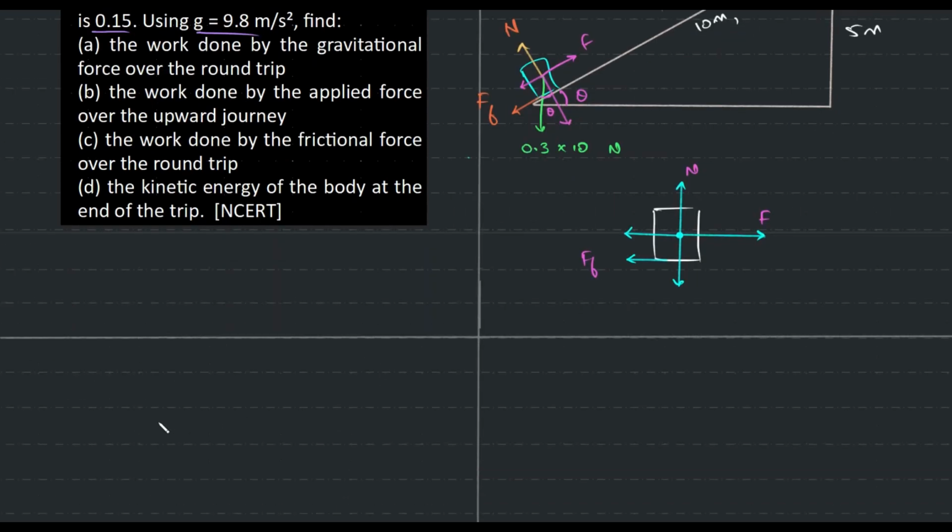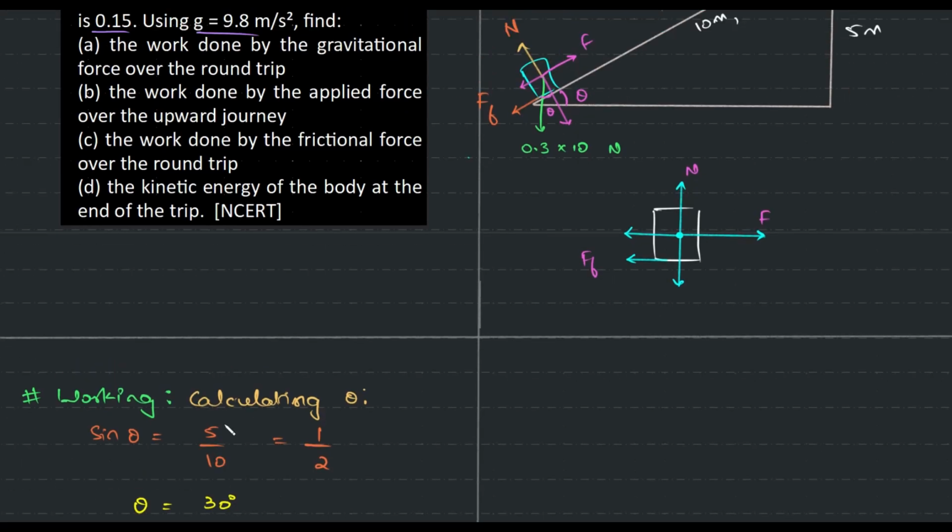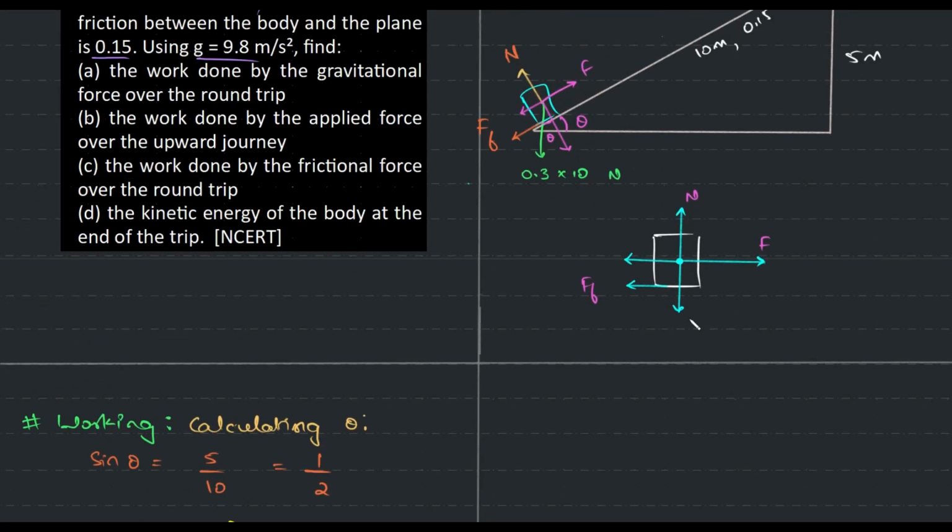Okay, so let's figure out theta. Calculating theta. So we have sine theta is equal to opposite by hypotenuse. So that's half. And so theta is how much, guys? Therefore, theta is 30 degree. So since this is 30 degree, this will be 30 degree, and down will be root 3.